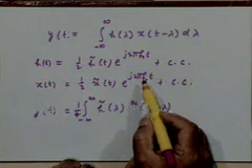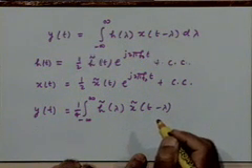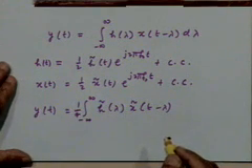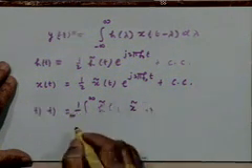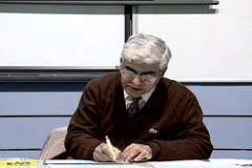What will happen to the others? Maybe I should explicitly write the expression first. Let me explicitly write y of t completely first so that there is no confusion.